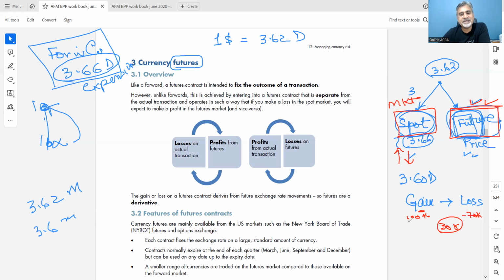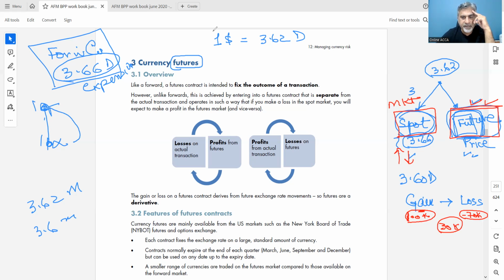So you see a gain of 100K, you become happy, but a big part of that gain is taken away by the loss made on this future contract. This is the time you start regretting. You say, if I did not have this future contract, I would have taken all 100K into my pocket. And that feeling of regret would be there.